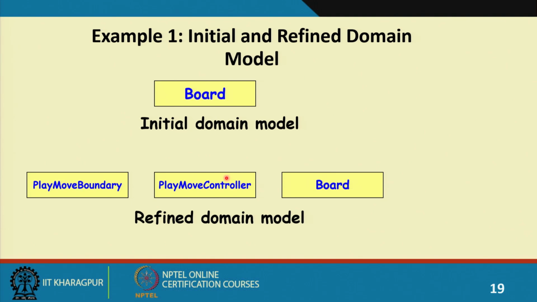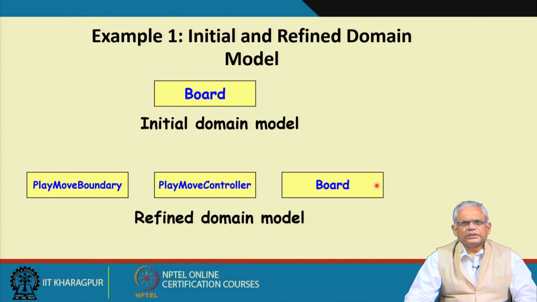Of course, we can write a board consists of squares, but then the squares are only 9, and the entire 9 square data can be easily stored inside the board class. It is not too much data, and therefore, we have the single class. We do not use an aggregate here. Board contains many squares, it is not necessary to that level, because it will be an unnecessary overhead.